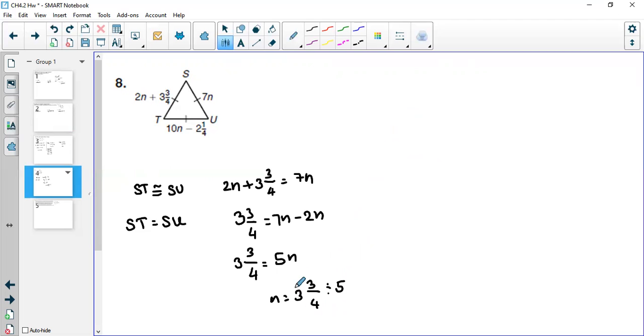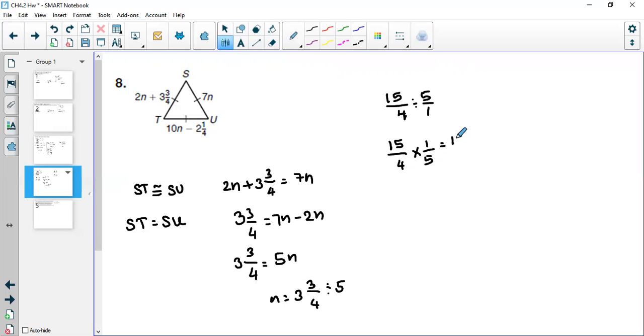But before we do KCF, let's change this first into a mixed number. That will give you 4 3s are 12, 12 plus 3 is 15 over 4 divided by 5 over 1. That makes it keep it, change it, and flip it.